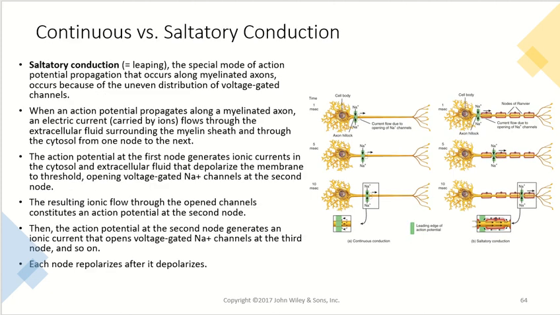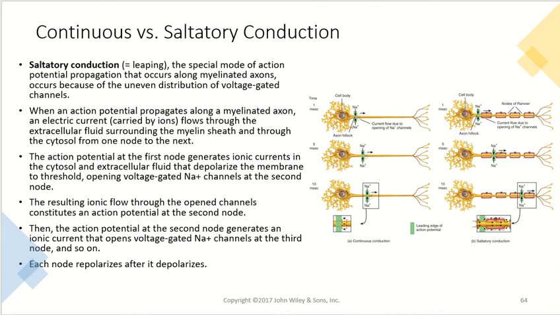Our second type of conduction is called saltatory conduction, and saltatory just means leaping, and you'll see why in a minute. This is a special mode of action potential propagation that occurs along myelinated axons, and it occurs because of the uneven distribution of voltage-gated channels.